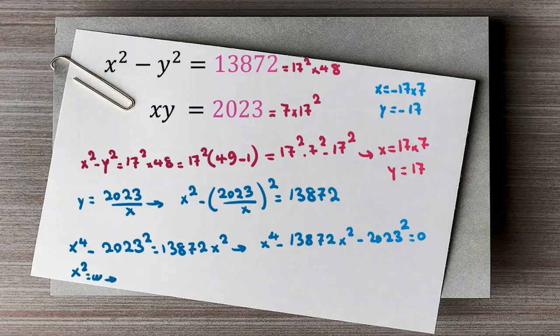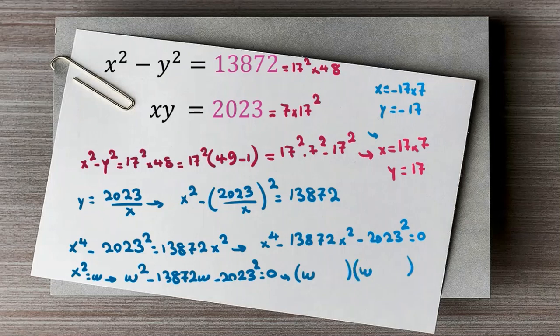Here you can use the quadratic formula. If you replace x squared with w, then w squared minus 13,872 w minus 2023 squared equal to 0. Or we can factorize, especially because we found one answer for xy. So one answer for w is x squared, which is (17 times 7) squared. So w minus 17 squared times 7 squared is one factor.